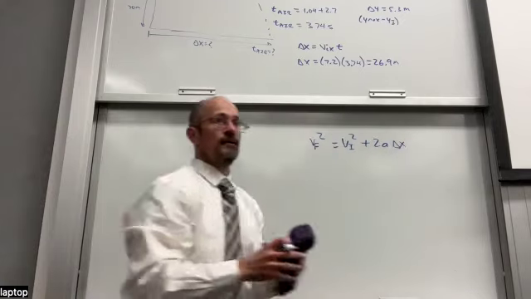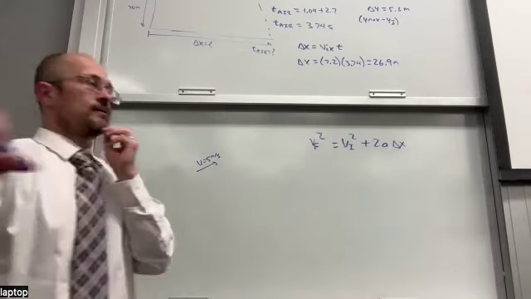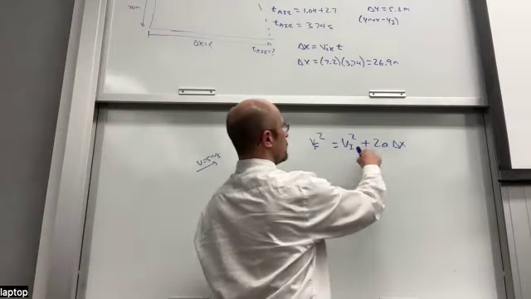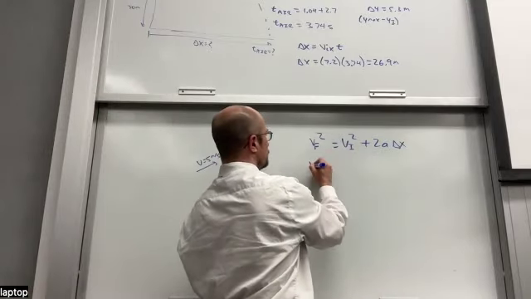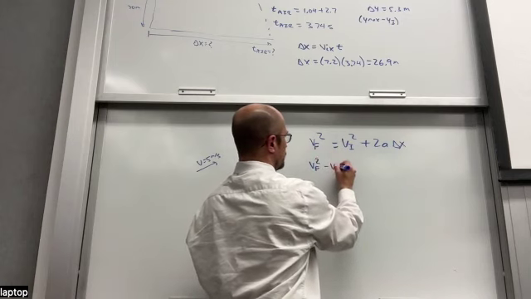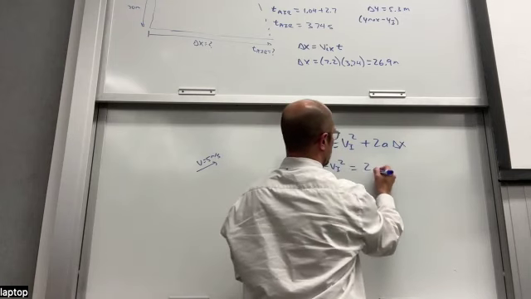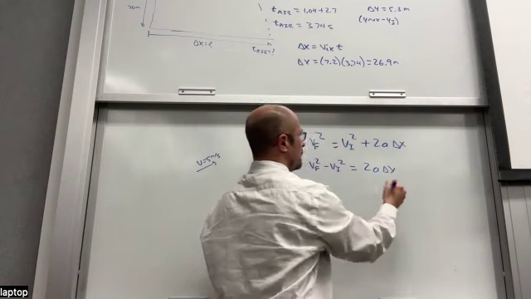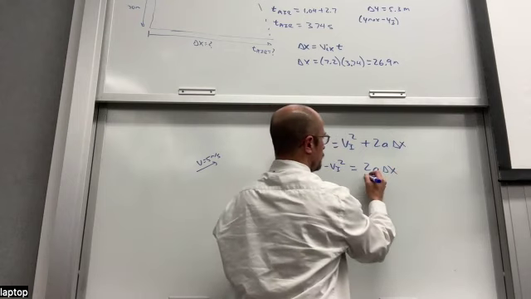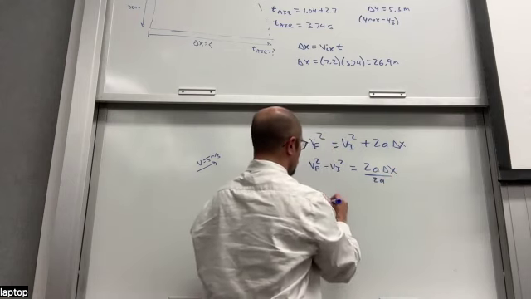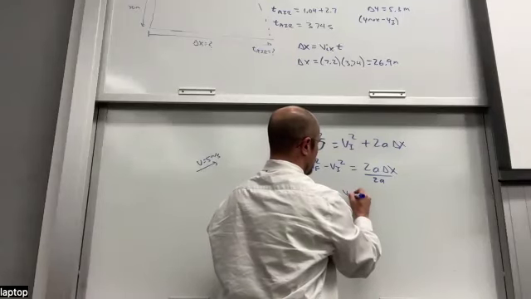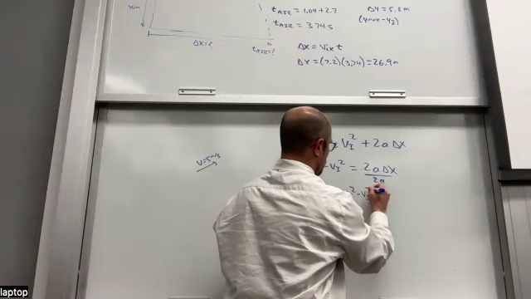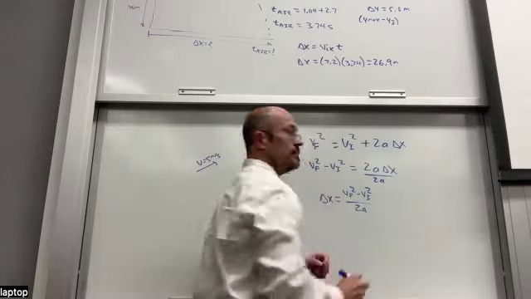How would I rearrange that for this place? Sure. So first, you subtract vi. So you have v final squared minus v initial squared is 2a delta x. Then to isolate this term, you can divide by 2a. So delta x is v final squared minus v initial squared over 2a.